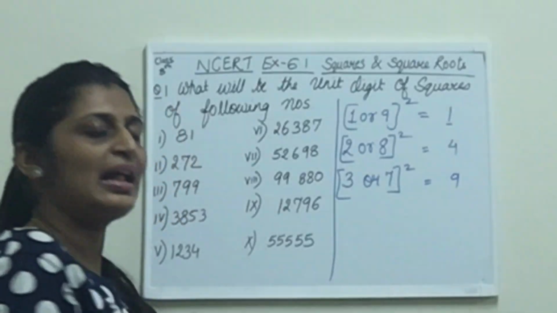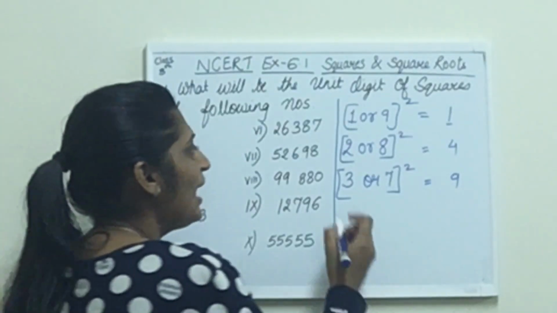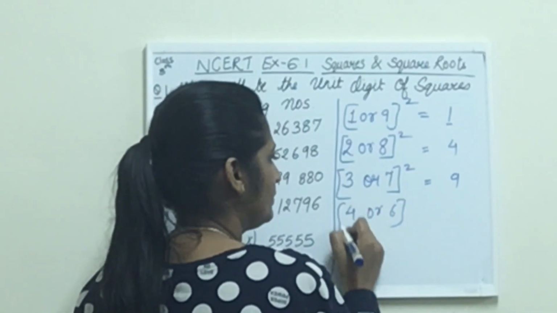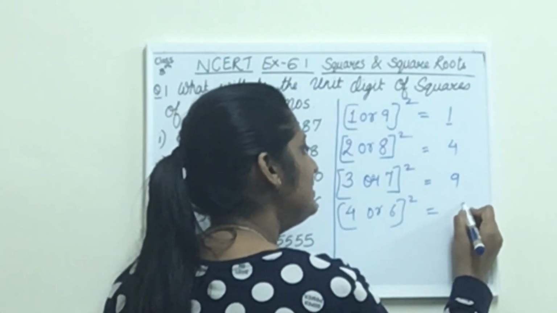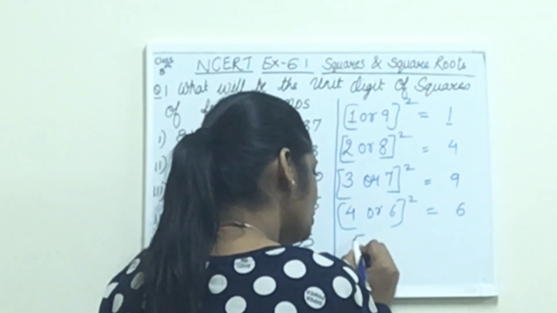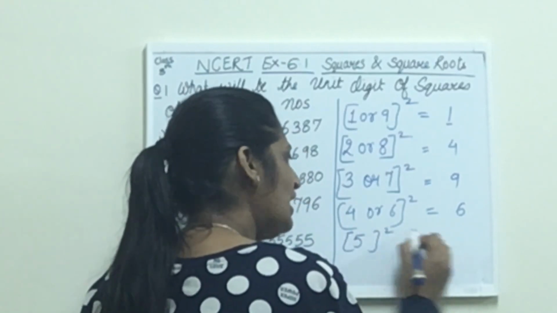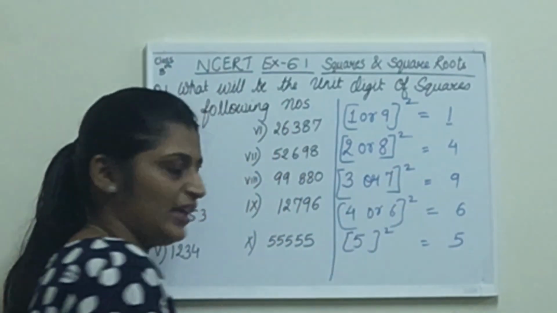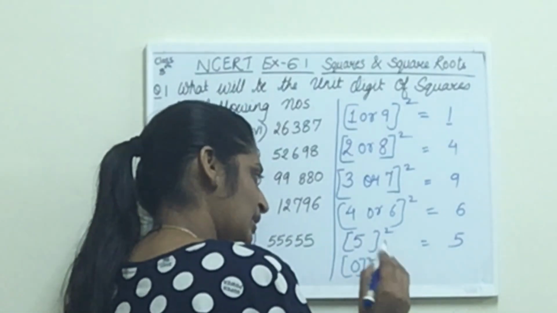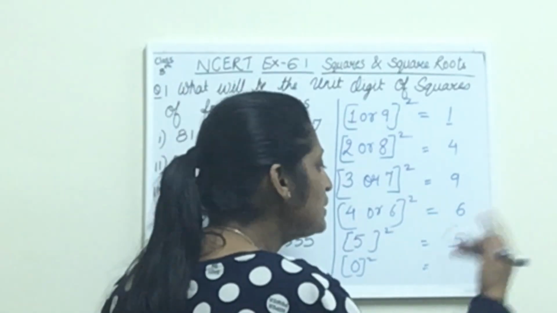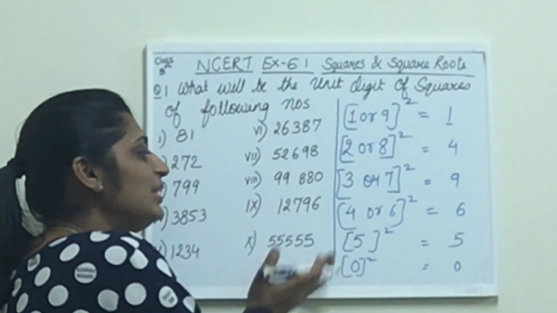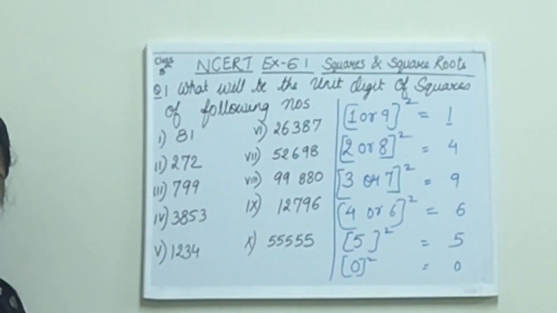Any number which ends with 4 or 6, the square ends with 6. Any number which ends with 5, the square of that number will end with 5. Any number which has 0 at its end, the square of that number will also end with 0, but the number of zeros will be double the actual number in the given question.